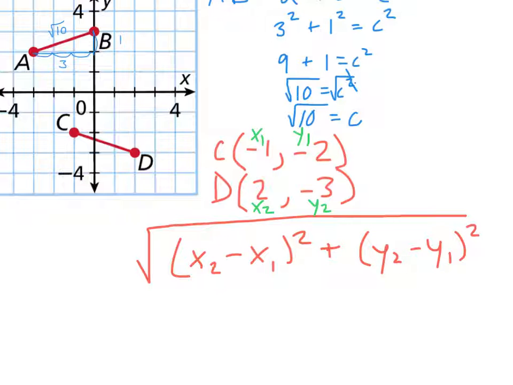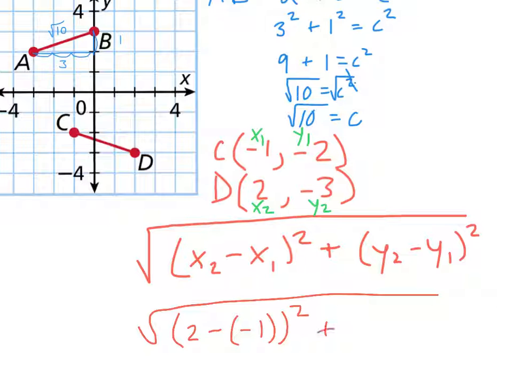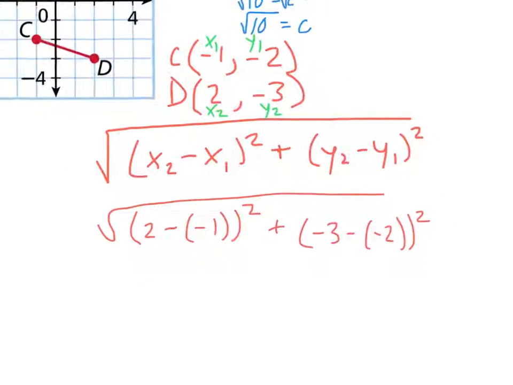So now we can just plug those into the equation. So x2 is 2 minus x1, -1, squared, plus y2, which is -3, minus y1, which is -2, squared.